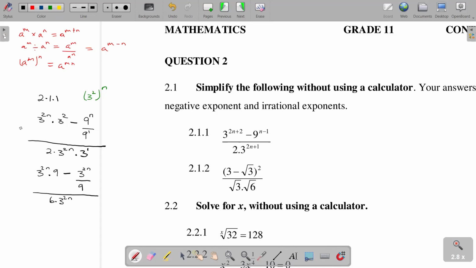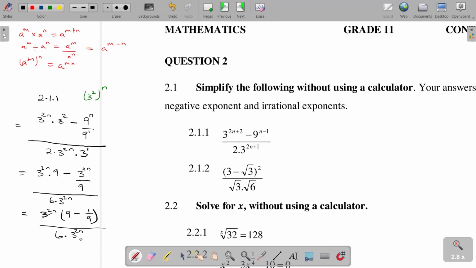Then from there, we can factor out 3 to the power 2n on the numerator. We'll be left with 9 minus 1 over 9, over 6, times 3 to the power 2n.